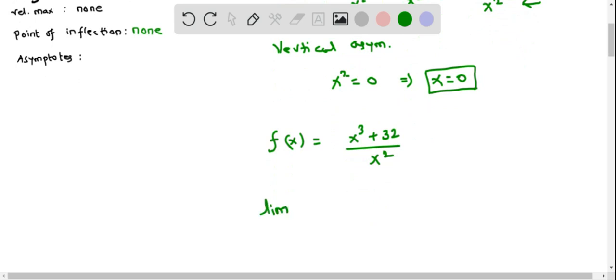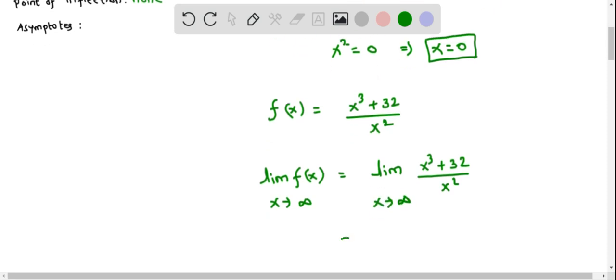That is the limit of f of x when x approaches positive infinity. This gives the limit of (x cubed plus 32) over x squared as x approaches infinity, or we can write it in the given form, x plus 32 over x squared.